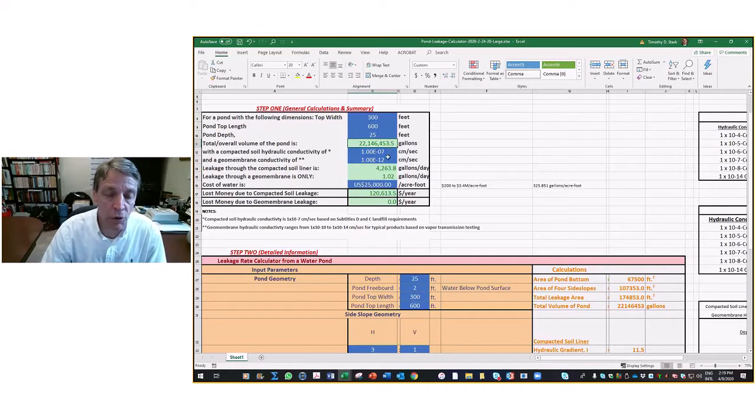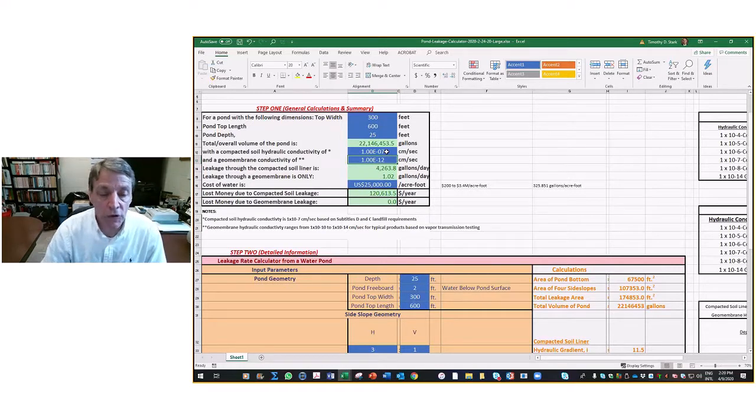Okay, the next input that the user places in is the hydraulic conductivity of the compacted soil liner. And the next input after that is the hydraulic conductivity of the geomembrane.